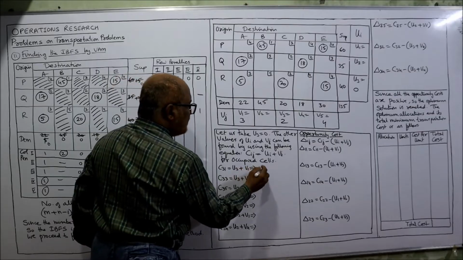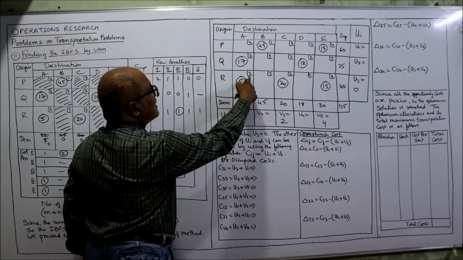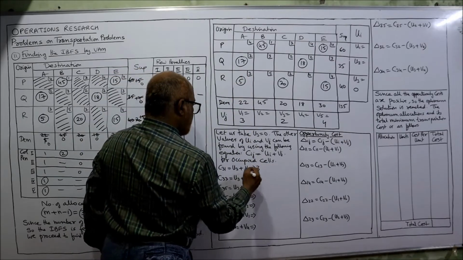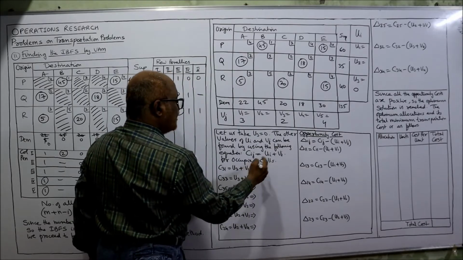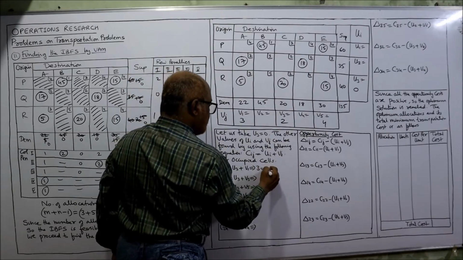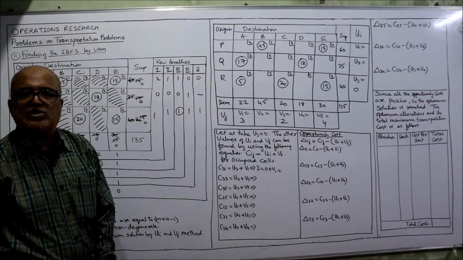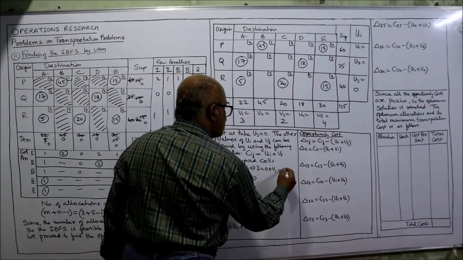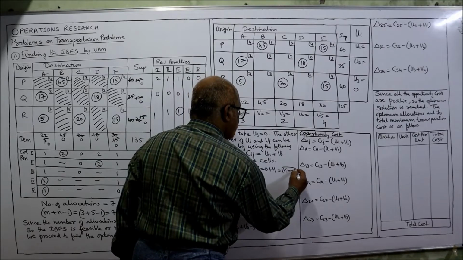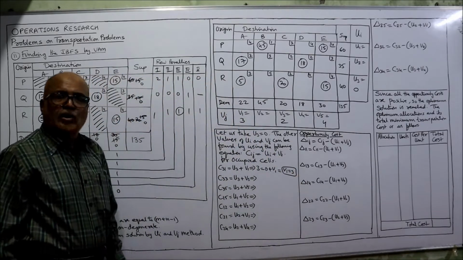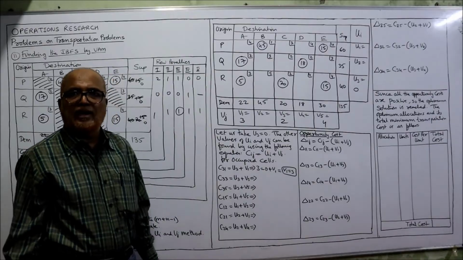C31 is 3. 3 is equal to u3, which I have taken as 0, plus v1. So v1 is equal to 3. Already I got it.